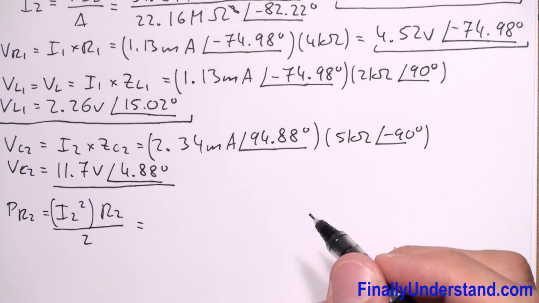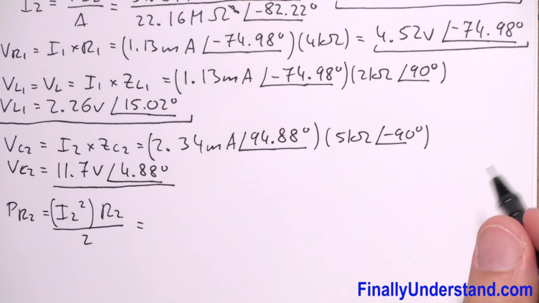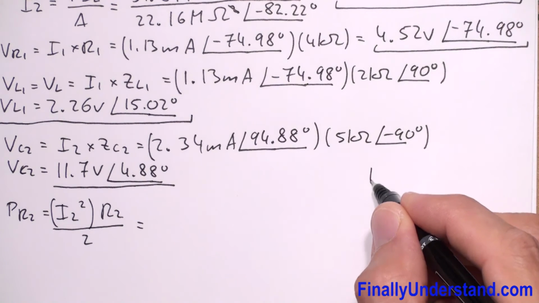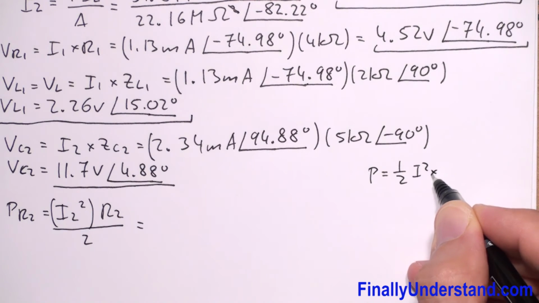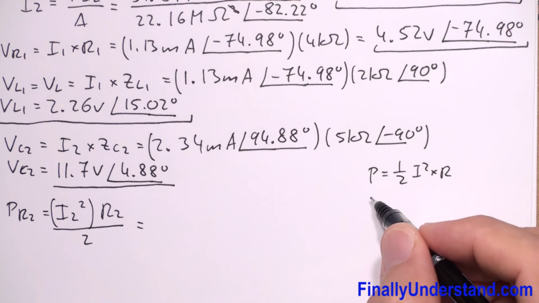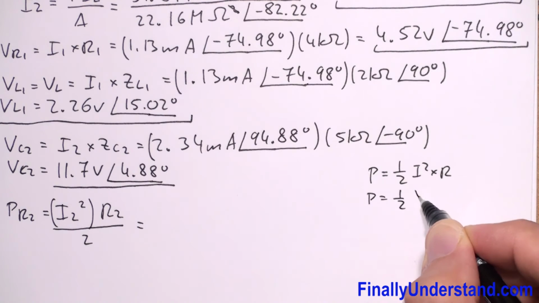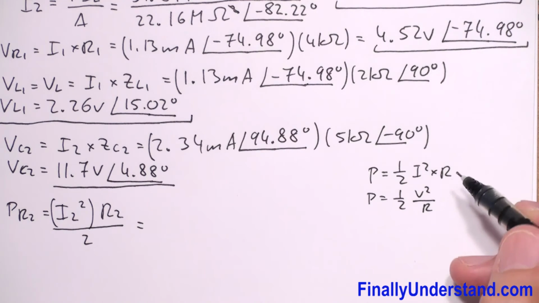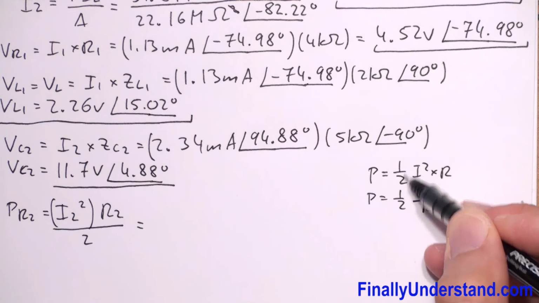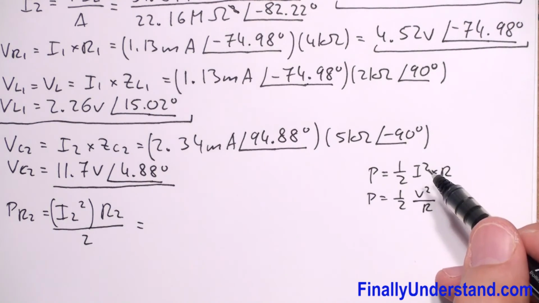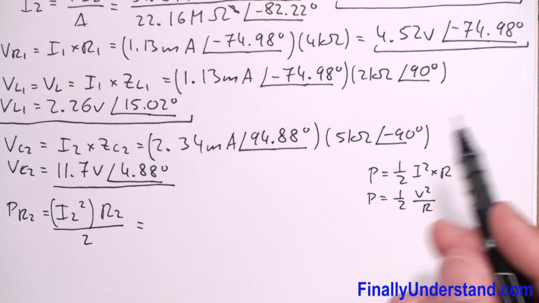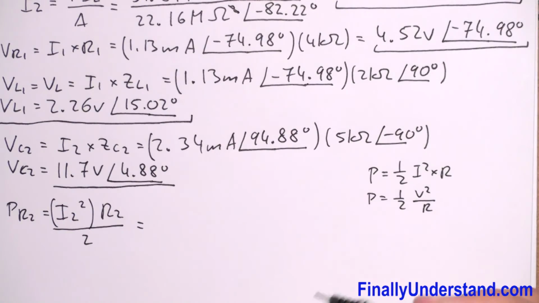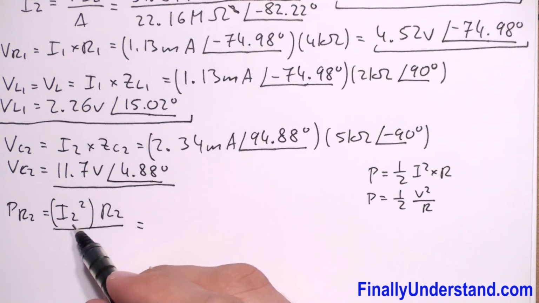So if you want to find the power for the peak values, you're supposed to use the formula which says P is equal 1/2 I squared times R, or we can say P is equal 1/2 V squared over R. If you're using RMS, you're not supposed to multiply by 1/2, but if you're using peak voltages, because in our diagram we have peak, peak, and peak, that's why we're supposed to divide everything by 2, or in other words, multiply by 1/2.